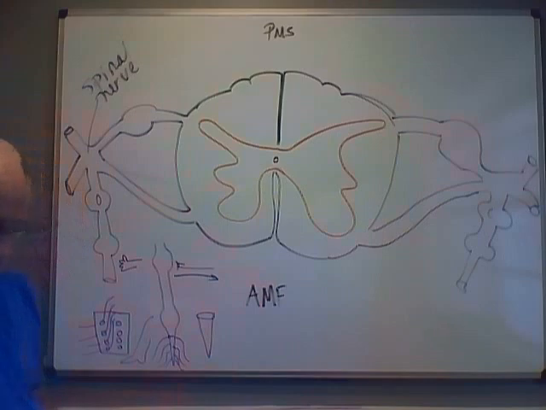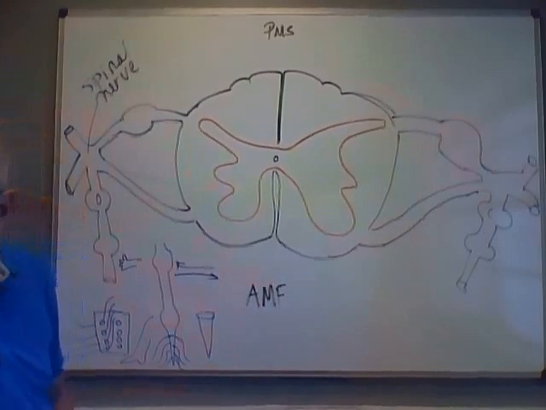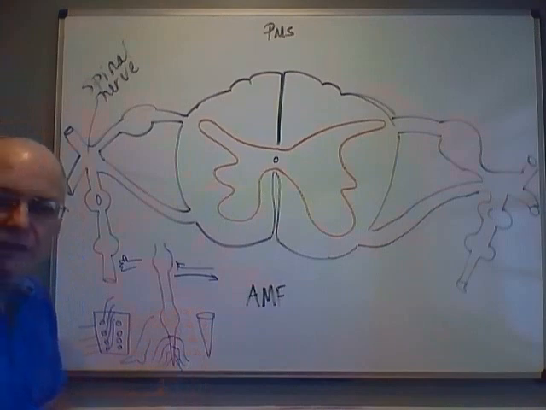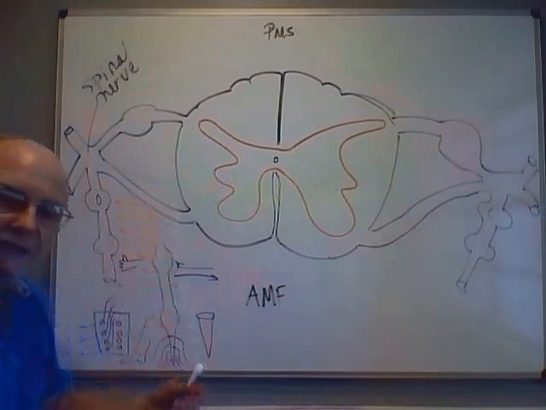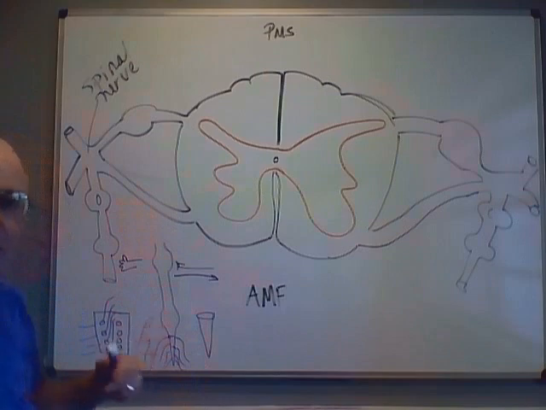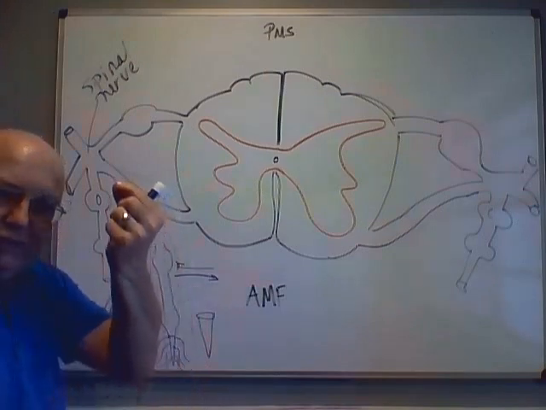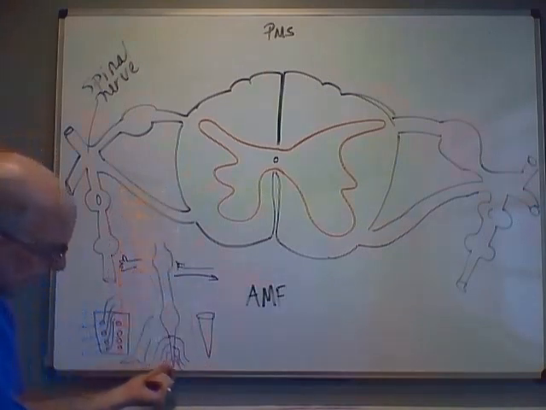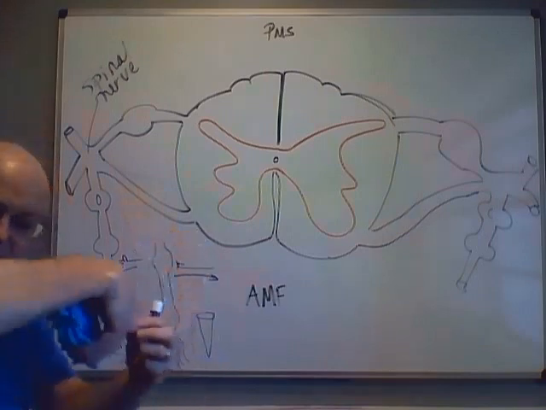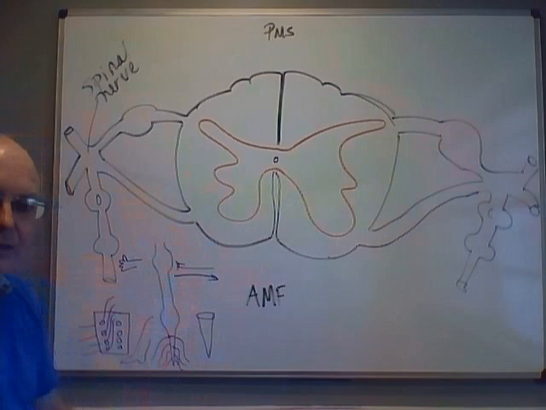So, we've knocked out most of this top part. The conus medullaris is just a tapered cone at the end of the spinal cord. The cauda equina is the thing that looks like a horse's tail. It's the nerves that exit through the sacrum. And we have a thing called the filum terminale, which is a little piece of connective tissue at the tip of the conus medullaris that ties it to the end of the sacral canal.